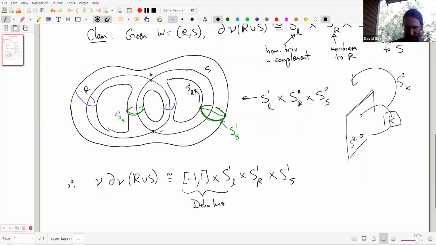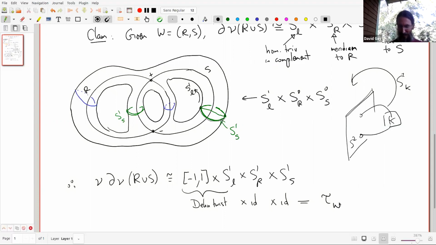So that's an annulus cross the identity cross the identity. That's what I'm going to call the twist defined by the twin W, by the pair of 2 spheres.